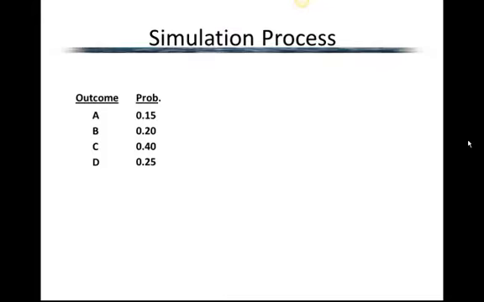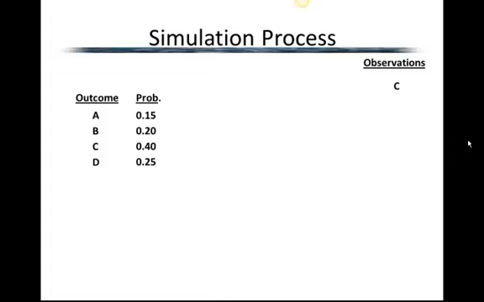Well, again, on any given observation, I don't know which of the 4 outcomes I'm going to get. So if I wanted to simulate a list of outcomes from this scenario, I could just start to make a list and record my observations. So I know the possible values are anything among the choices A, B, C, and D. So, let's say my first choice is A. I'm just going to guess and put down a letter, one of the possible outcomes.